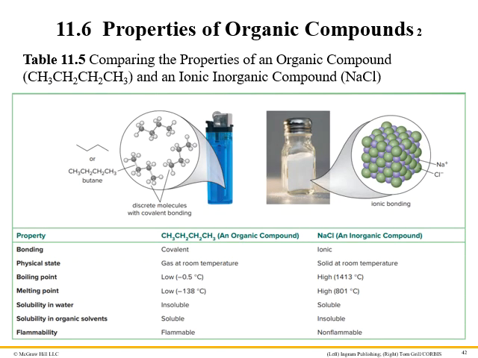I have here a few examples of organic versus inorganic. So we have here a much larger molecule than sodium chloride. So sodium chloride on one side, 1, 2, 3, 4, that will be butane on the other. Bond then is covalent versus ionic. One is a gas, the other is a solid. And you can look at the various differences in solubility, melting point, boiling point, and flammability.